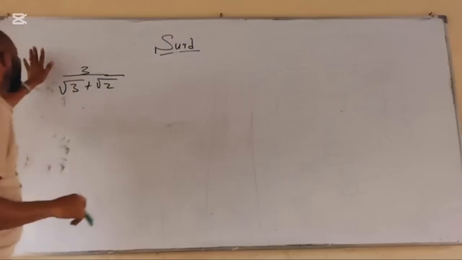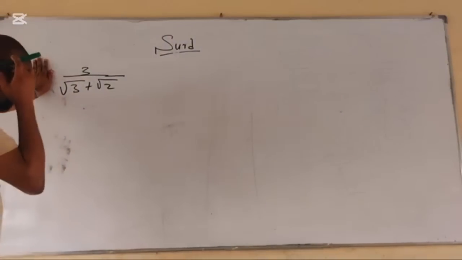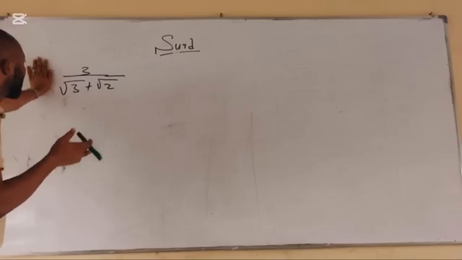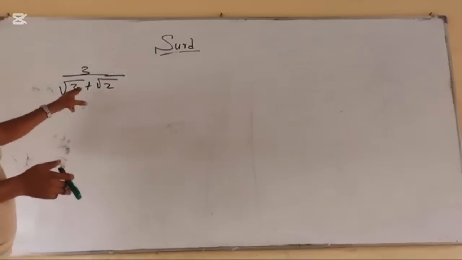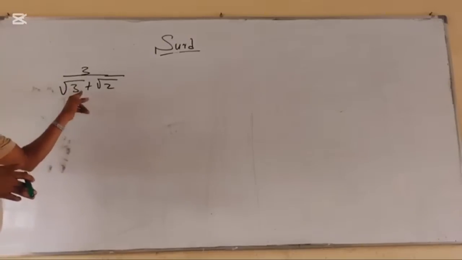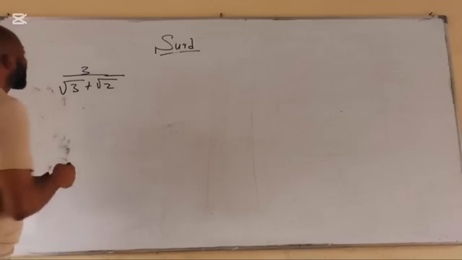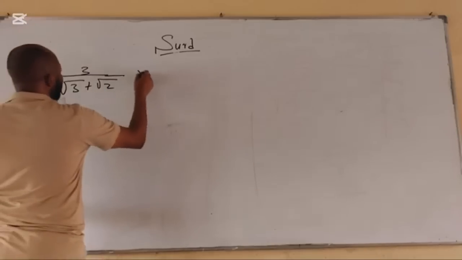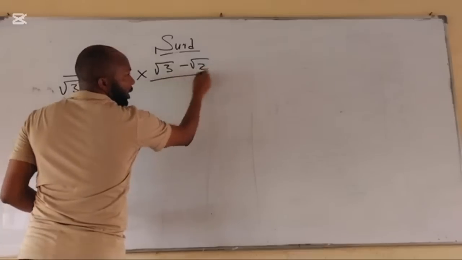Okay, now, in this, we are going to rationalize by multiplying this up and down. But at the same time, we have to look for the conjugate of this. The conjugate of this is minus. So this becomes this times root 3 minus root 2, both up and down.